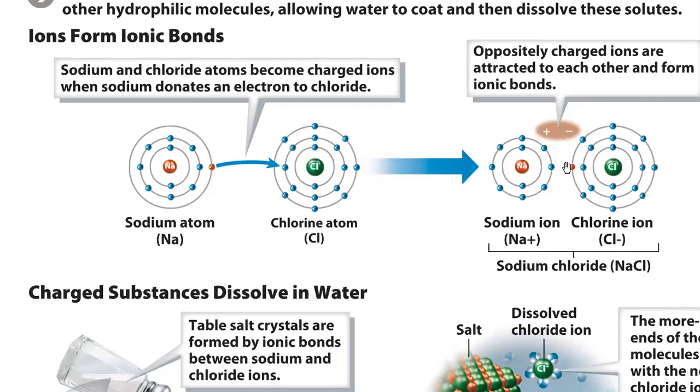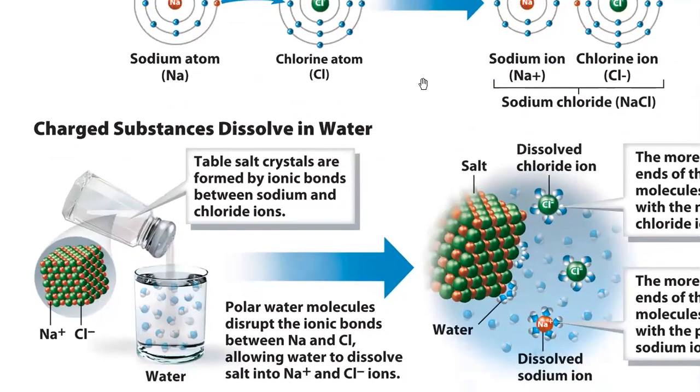In the case of chlorine, if you have more electrons than protons, remember protons are in the nucleus, it will be negative. Well, it just so happens that opposites do attract, and sodium, positive, and chlorine come together to make sodium chloride, also known as your table salt.